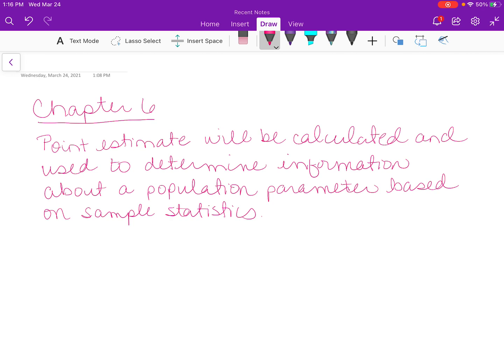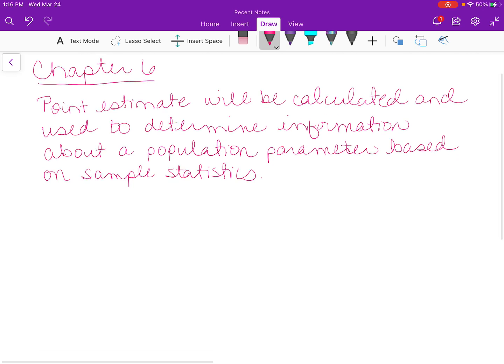Because let's face it, the reality is we will very rarely be able to calculate population parameters like the true average or the true proportion, because very rarely will we be able to obtain all of the population information to calculate those. So what we do is we calculate a point estimate, which will be a sample statistic that we can then use to make an inference about that population parameter.